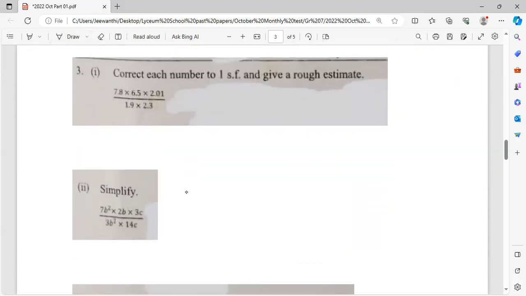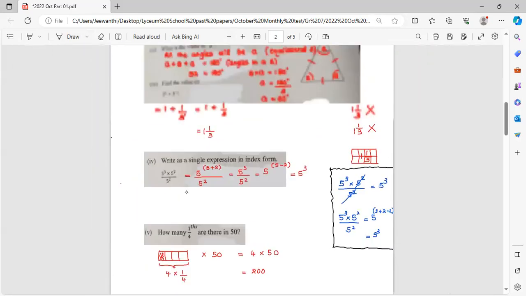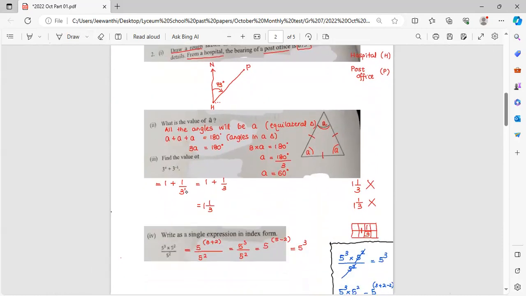Right, so then we will move to question number 3. Before moving to question number 3, again we will check question number 2 onwards. From the hospital, the north direction, HP 73, correct. Value of A, yes, we found.